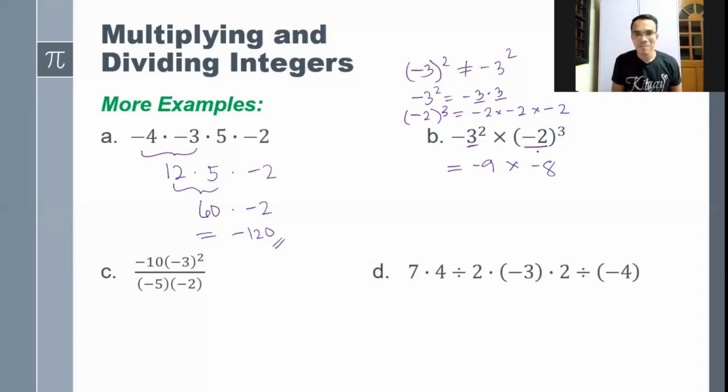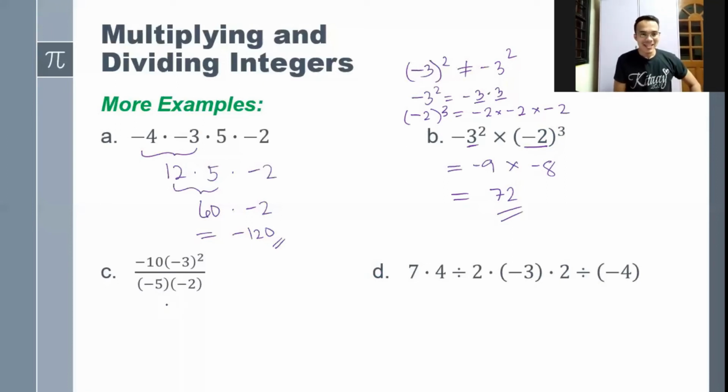Take note of this. When the base is negative and the exponent is an odd number, the result is always negative. Negative 2 raised to 3. 3 is an odd number. The result is negative 8. Now we have here negative 9 times negative 8. It's positive 72.